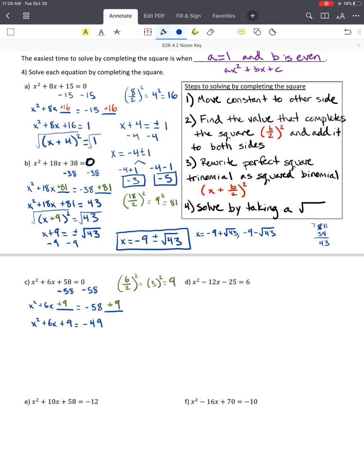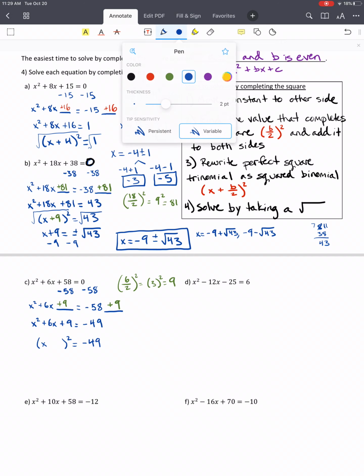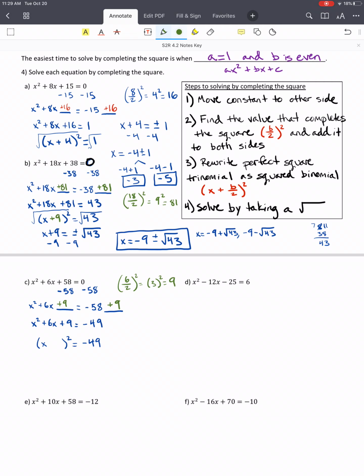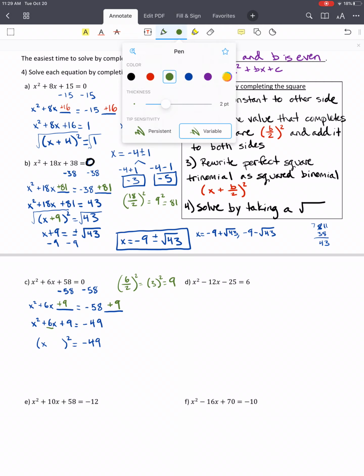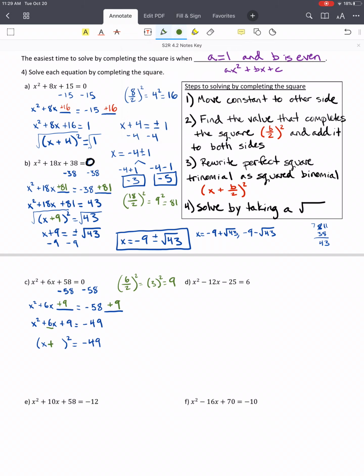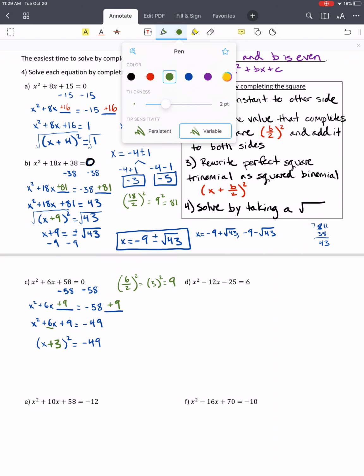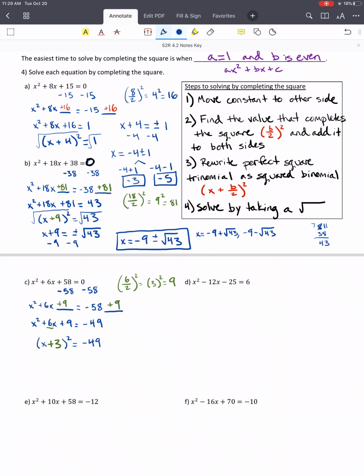And now I can rewrite the left side as a perfect square trinomial. And to find that number that goes in the parentheses, I'm going to take my b divided by 2, which we saw from our first step up here. 6 divided by 2, that's just a positive 3. And now I can solve this by taking the square root.